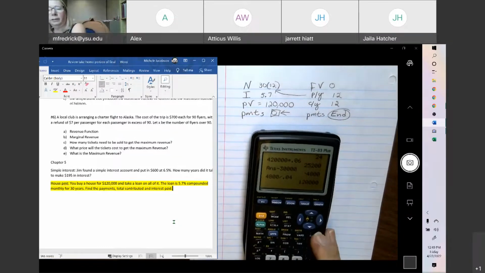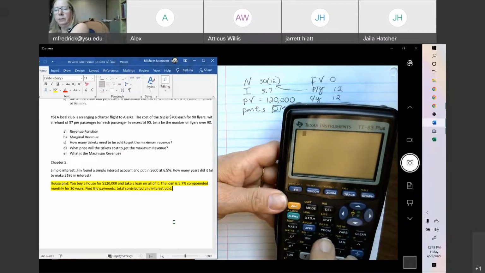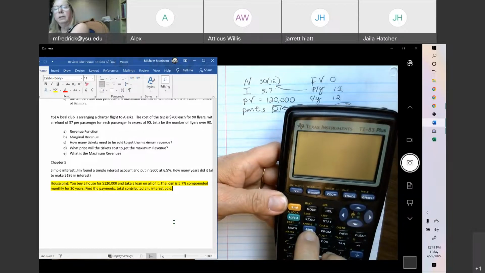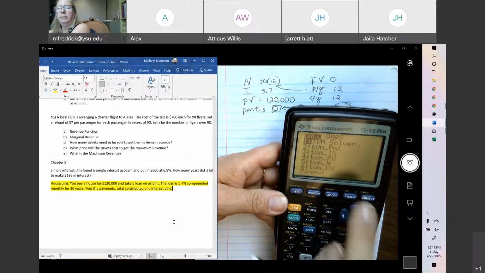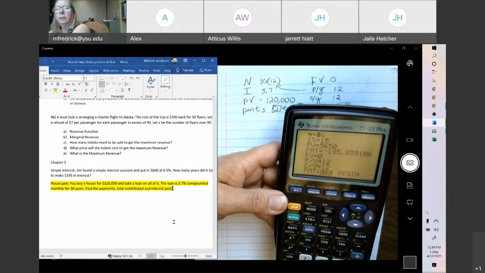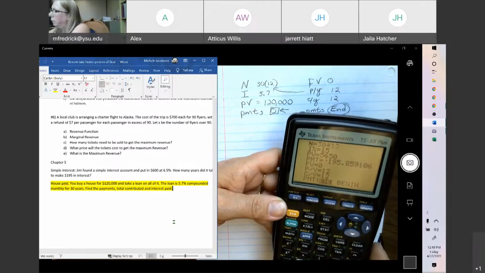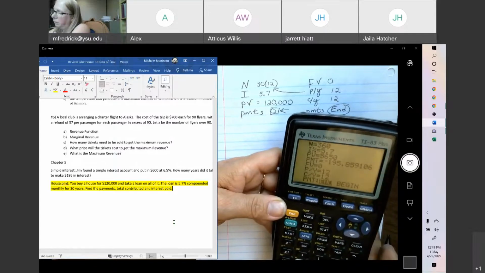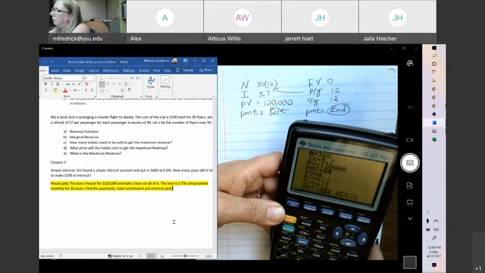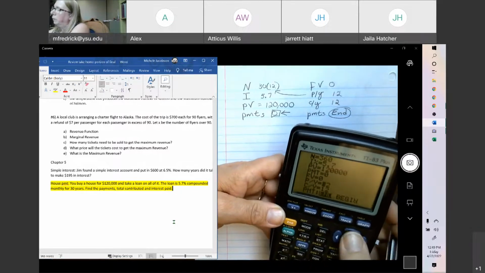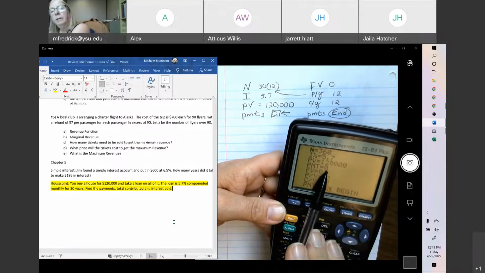The calculator, remember, it's under apps, finance, and TVM solver. And then we just plug our values in. 30 times 12, 5.7, 120,000, 0, and 12. Now, whichever you're looking for, you'll have a 0 there.